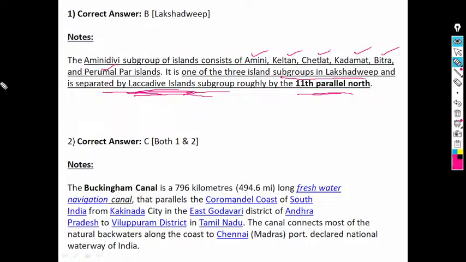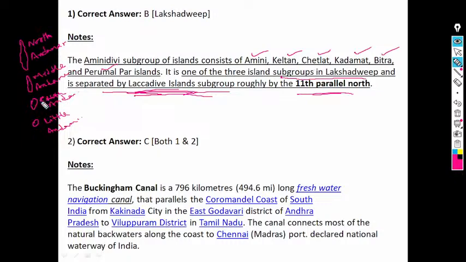If I draw a diagram here, this is North Andaman, this is Middle Andaman, this is South Andaman, and this is Little Andaman.